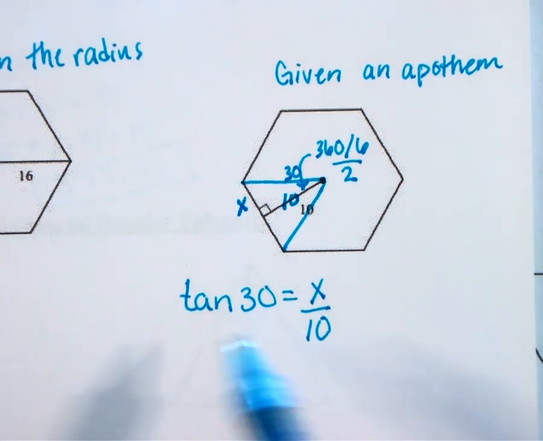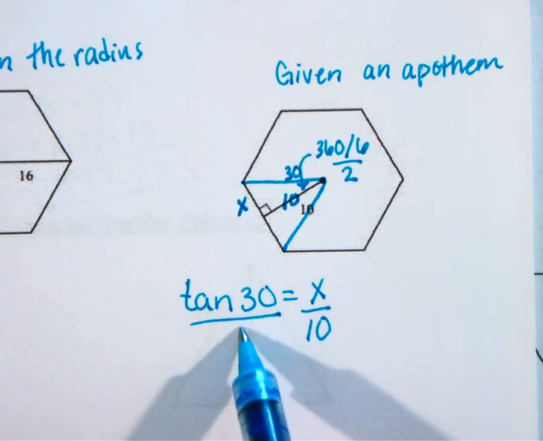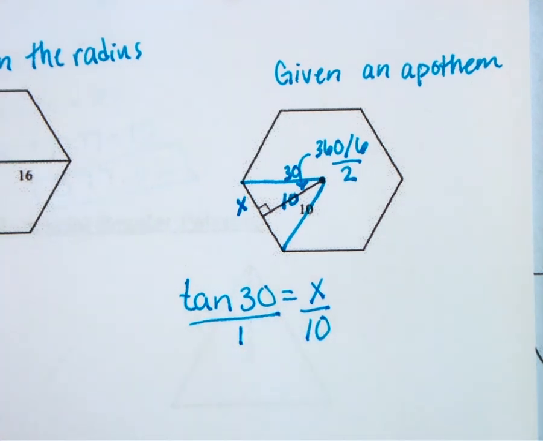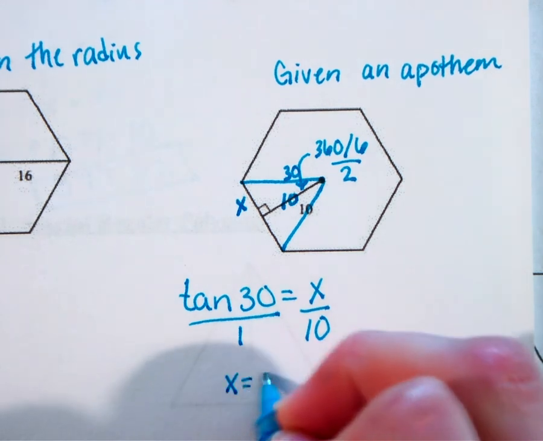When I type that into my calculator, I'm no longer dividing, I'm multiplying, because I'm cross multiplying. The only difference this time is the setup of the trig piece. So we're going to take 10 times the tangent of 30, which is 5.77.